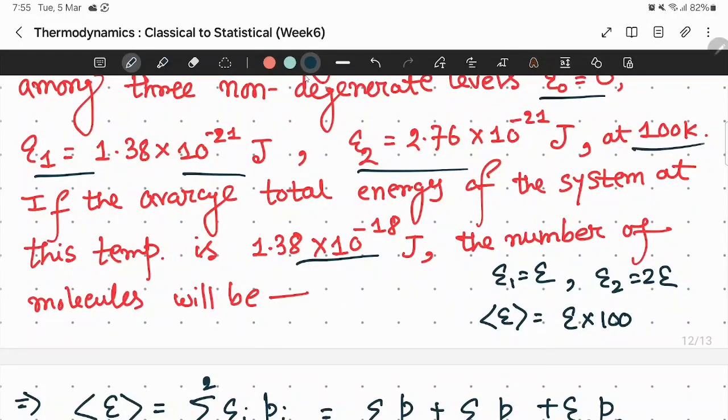If you multiply by 1000, then you get this.